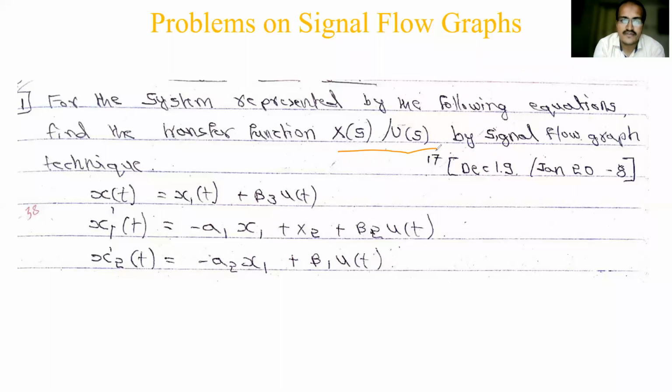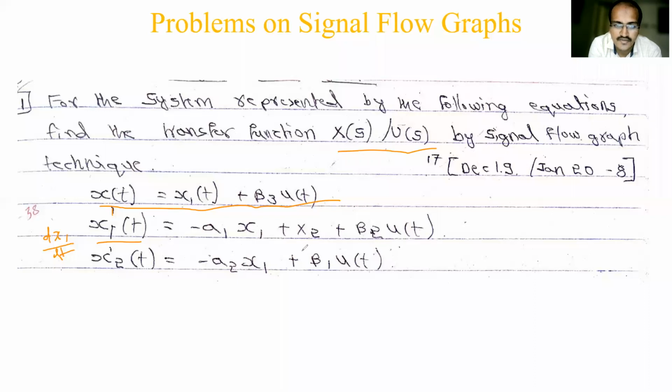So these are the 3 system equations they have given. The x of t equals x1 of t plus b3 into u of t. Then x1 dash of t, where x1 dash means differentiation, dx1 by dt, the single prime, which is equal to minus a1 x1 plus x2 plus b2 u of t.